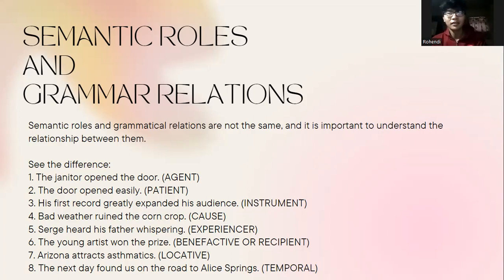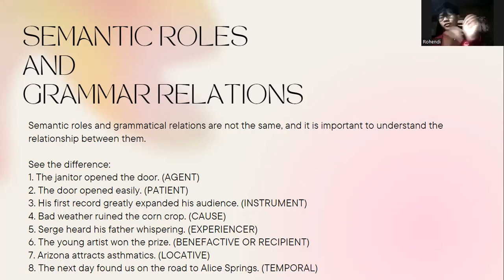So we're talking about that. Semantic role is a way of characterizing the meaning relationship between a noun phrase and the verb of a sentence. Now, if we are talking about noun phrase and the verb, there will be grammatical relations.